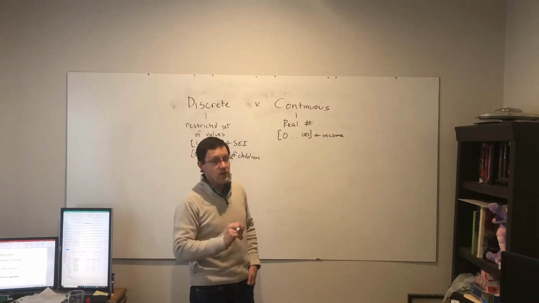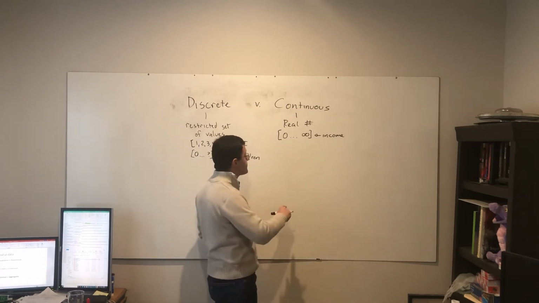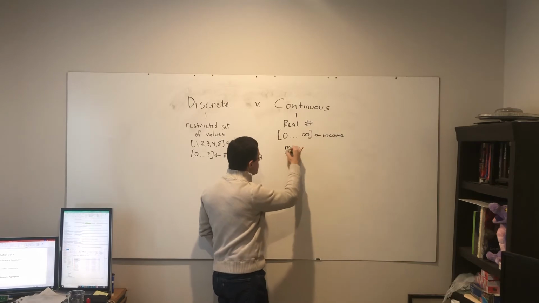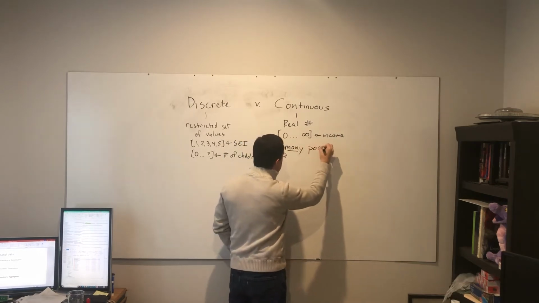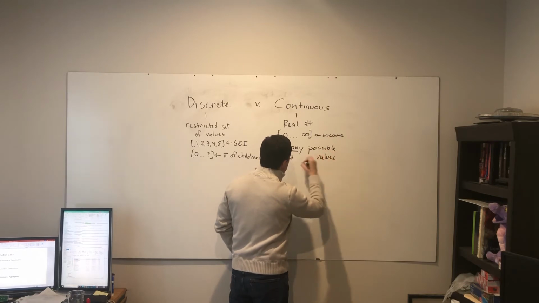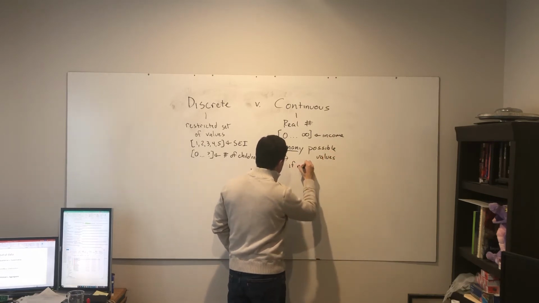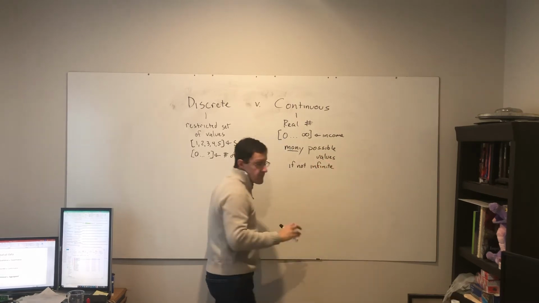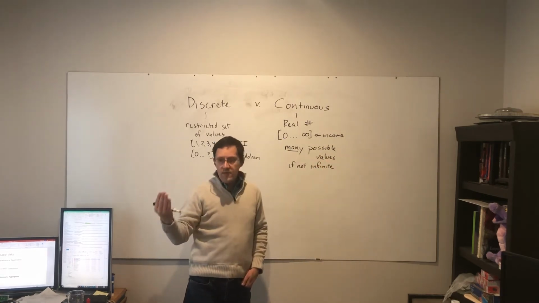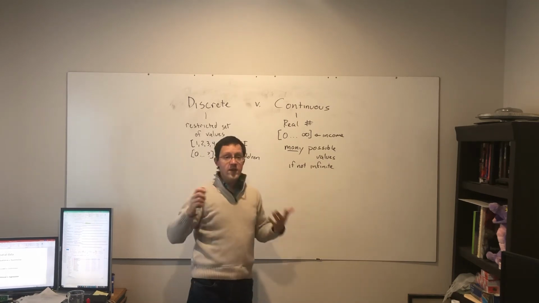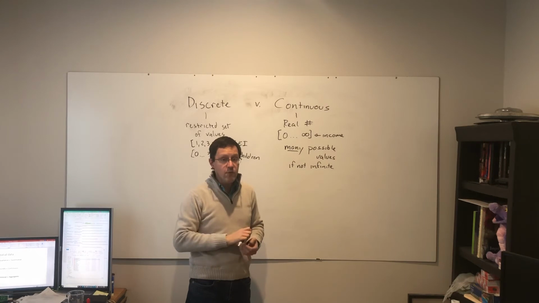That's what makes it continuous. So many possible values, if not an infinite number of possible values.